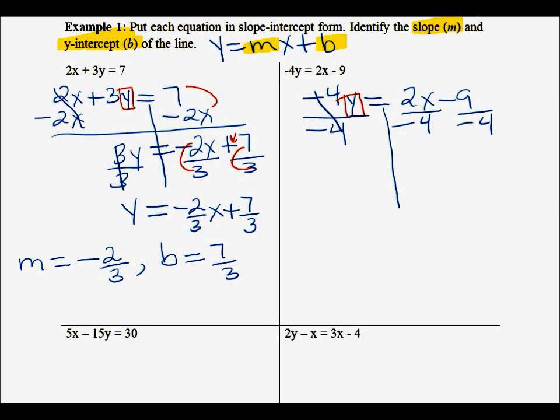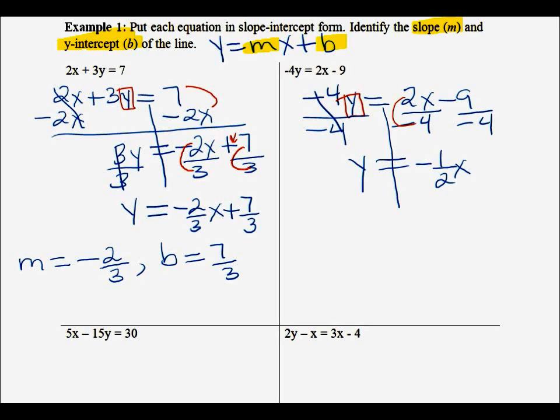On the left it cancels out, leaving me with y equals. Now when I get here, I have 2 divided by negative 4. Well, if you can reduce, you have to reduce. So 2 over 4, that's the same as 1/2. And I know that it's negative, so that becomes a negative 1/2 x.